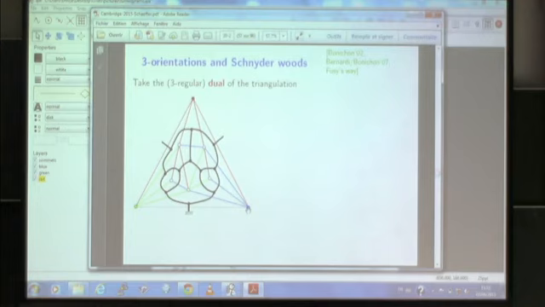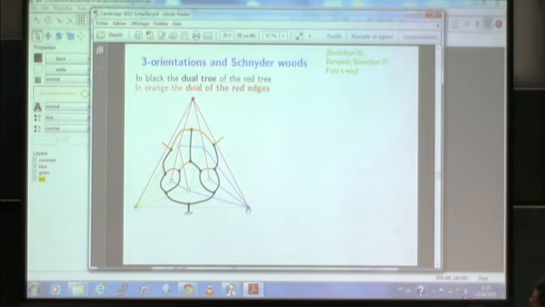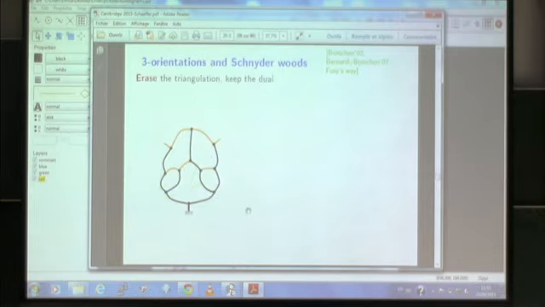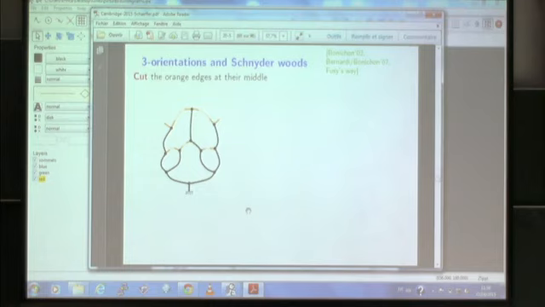So you take the dual, and you look at one of the 3, say the red one, and I highlighted the edges that belong to one of the 3. And then I will cut these edges, and I will draw the binary tree that represents the matching of these edges.